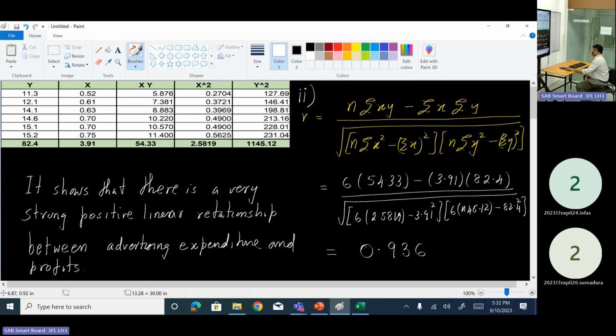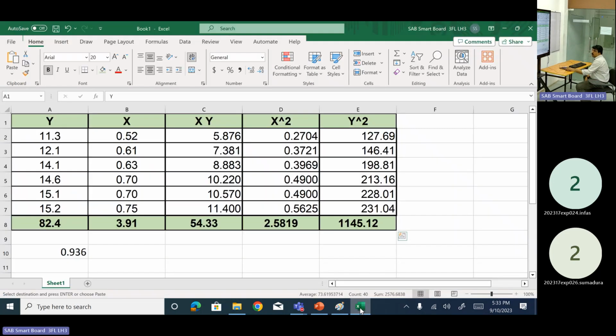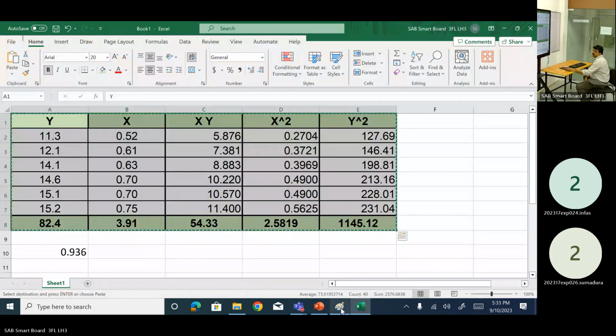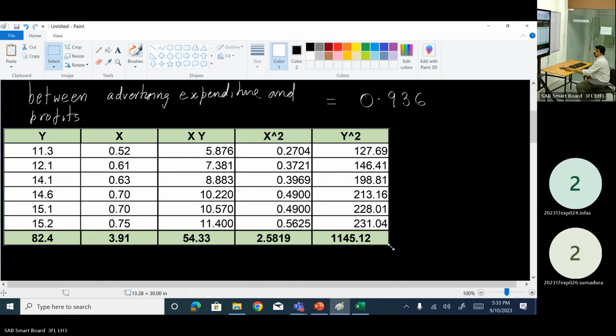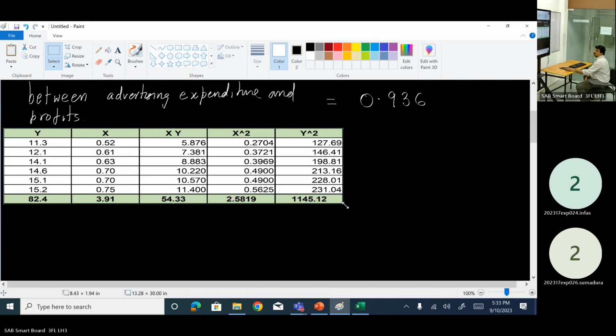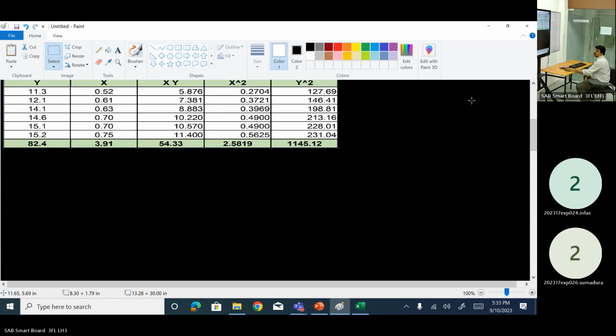So first we have to develop the normal equations.